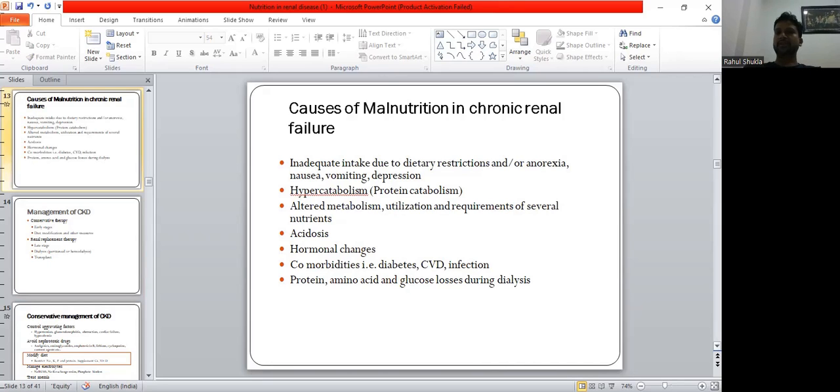Because of uremic toxins, there is hypercatabolism, and alternate metabolism, utilization, and requirement of several nutrients is disturbed, and also acidosis is there that ultimately leads to anorexia, and several hormonal changes also lead to malnutrition. Different comorbidities and underlying causes of CKD like diabetes, cardiovascular diseases, and infection also contribute to malnutrition. And protein, energy, and glucose losses during dialysis are also a very important contributing factor for malnutrition.